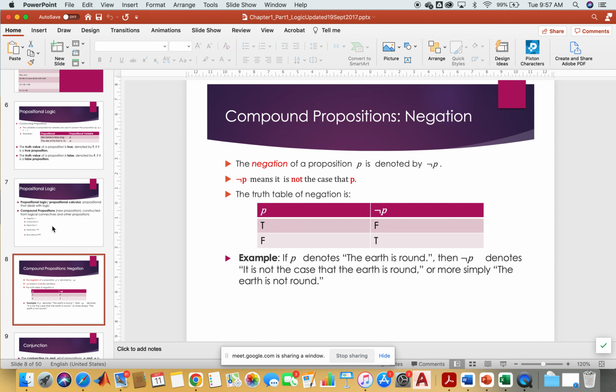Let's say I say my name. Okay, let's see. My name is Opa. Alright. And then I add the negation symbol.